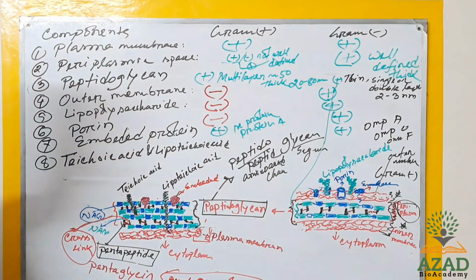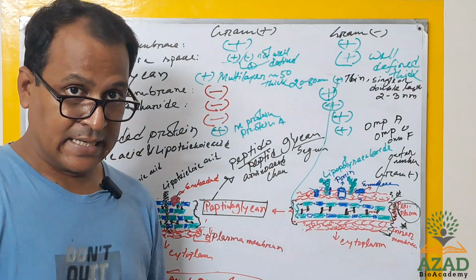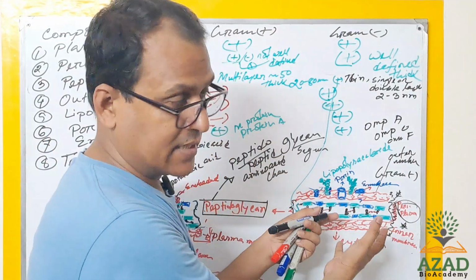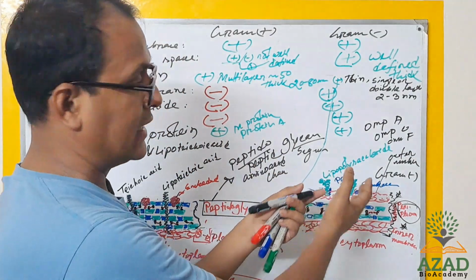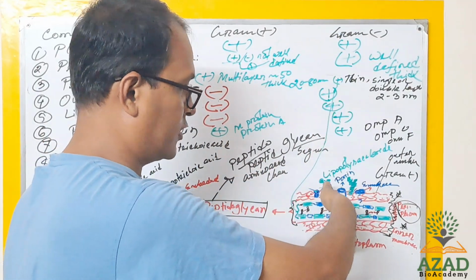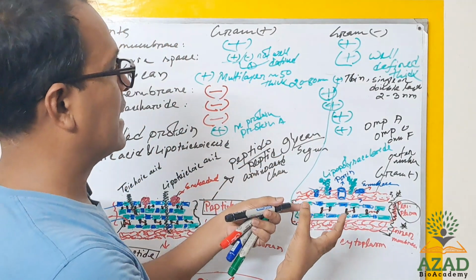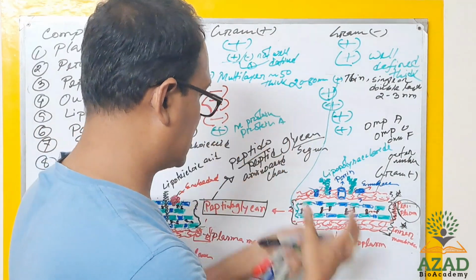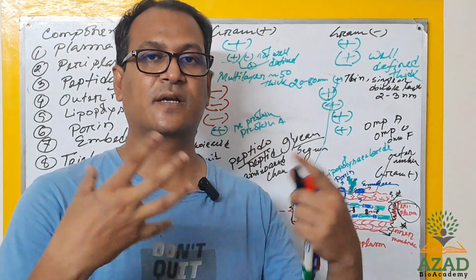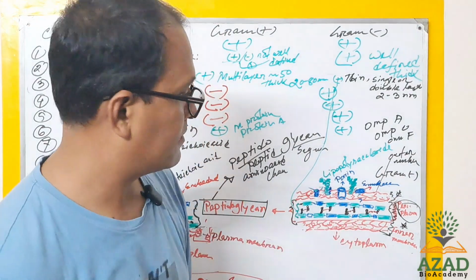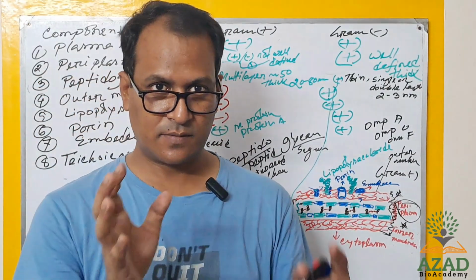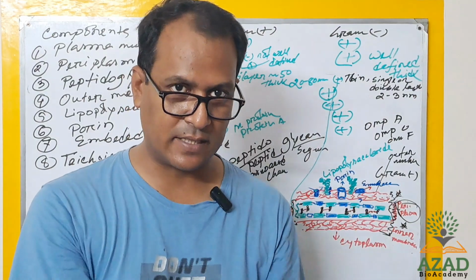This is very important because gram-negative bacteria have an outer membrane, and the outer membrane has lipopolysaccharide, which is incorporated into the membrane and acts like an integral part of the bacterial cell wall. That makes a very stable bacterial cell wall.